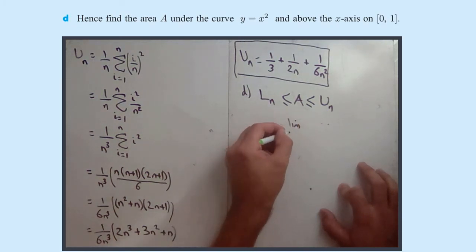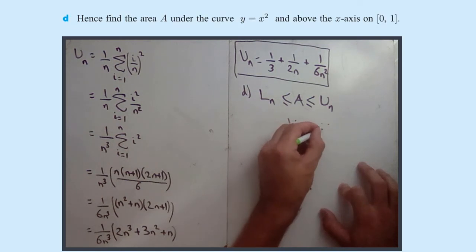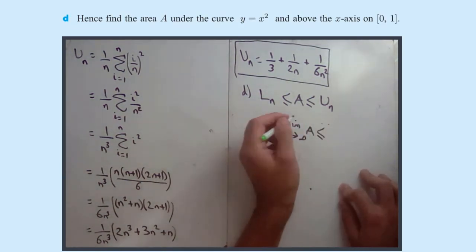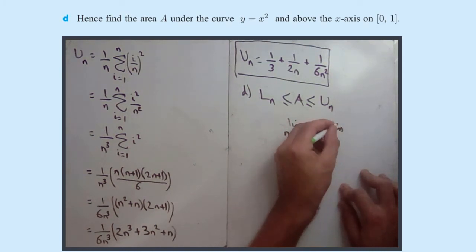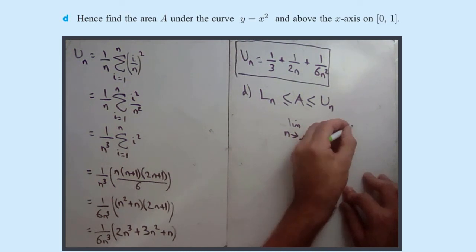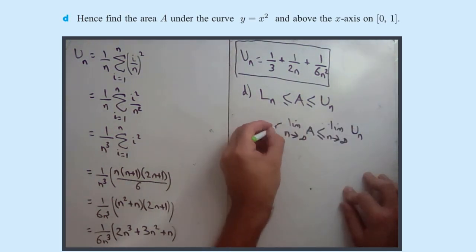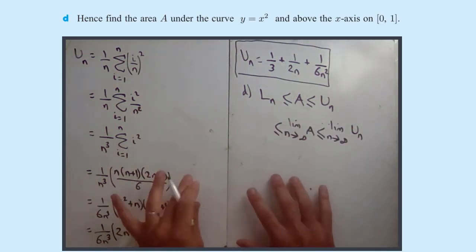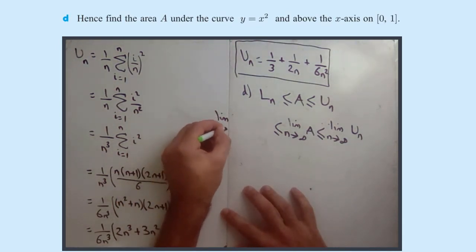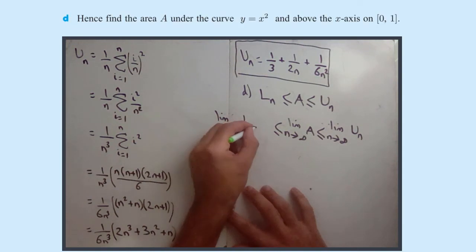So the limit as n approaches infinity, as in the number of strips, of the true area, which is just going to be the actual true area, is less than or equal to the limit as n approaches infinity of the upper bound of area for the upper rectangles, and it's greater than or equal to the limit as n approaches infinity of the lower bound.